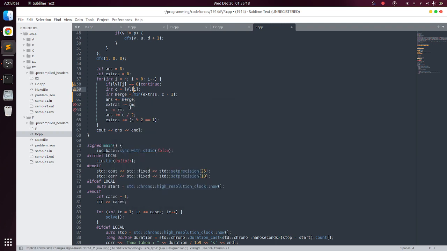Now you will remove this merged number of nodes from both the extras and your c. If c was greater, basically if c is still left, those will combine and give you a combination to add to the answer.